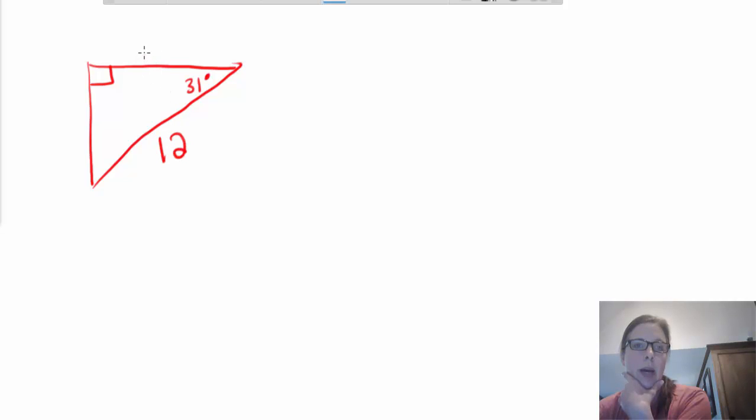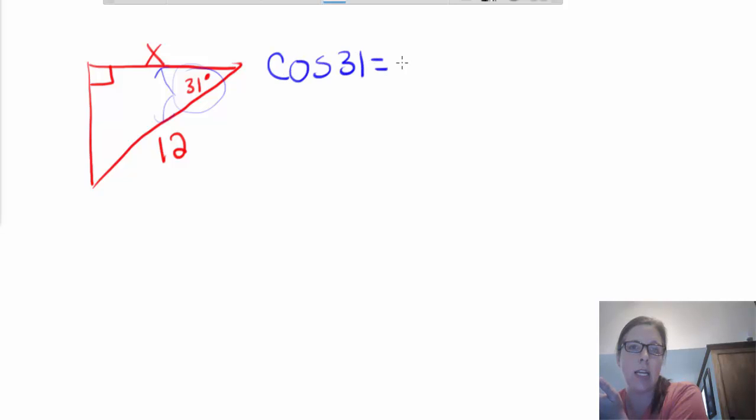And we want to know what this is right here. So what are we given and what do we need to find out? We're given this angle right here, and we're given the hypotenuse, and we're given adjacent. So we know we have to use what? Cosine. Cosine of 31 equals x over 12 because it's adjacent over hypotenuse.